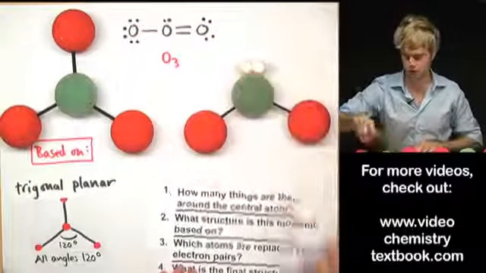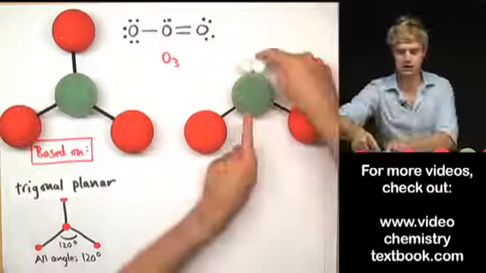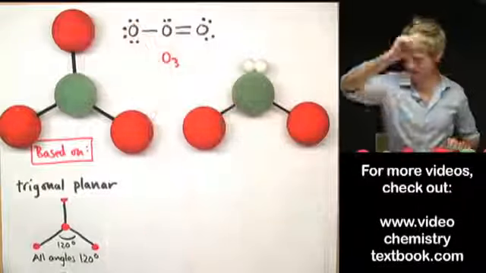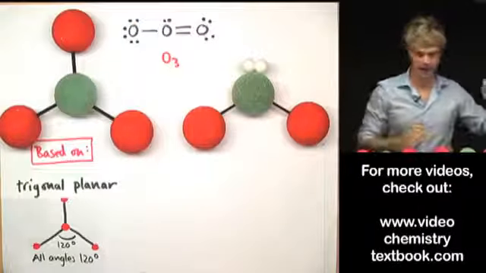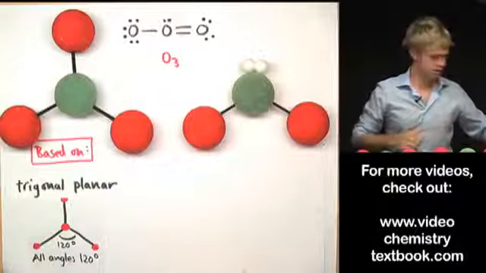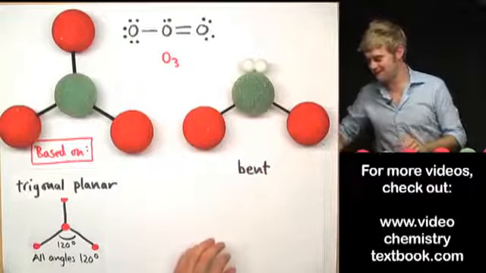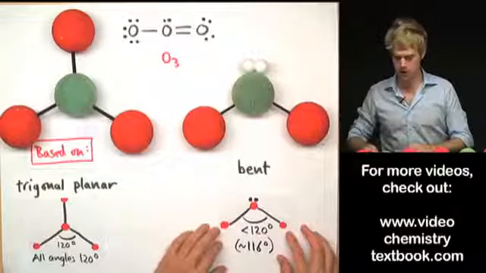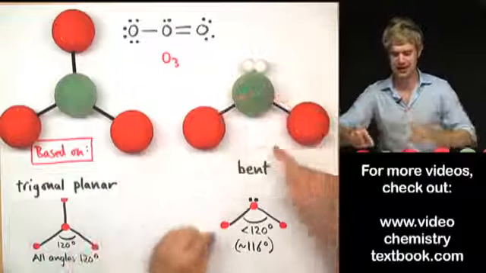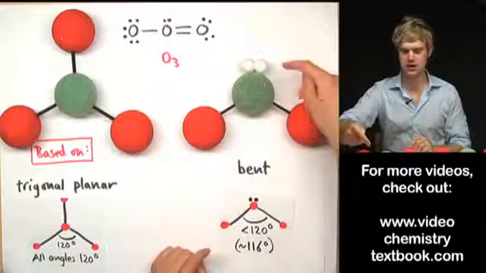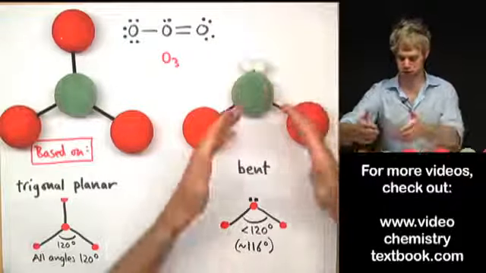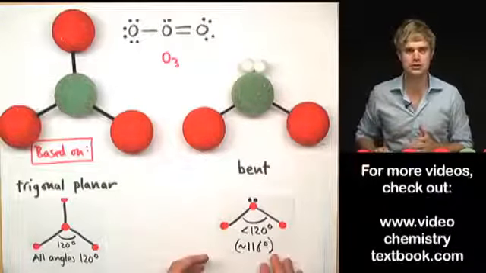So this is the shape that I'm going to get. Here is a lone electron pair that replaces this atom, and that means that I'm going to have a bent molecule with less than 120 degrees between these angles, because this is pushing a little harder, an angle of about 116 degrees.